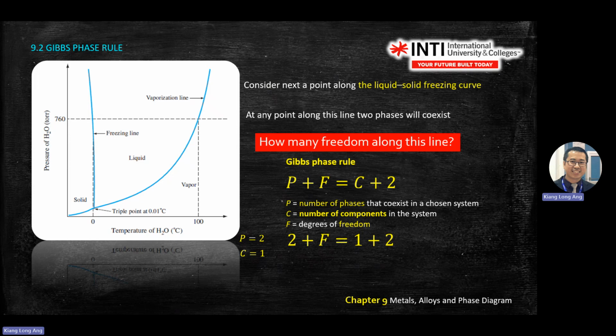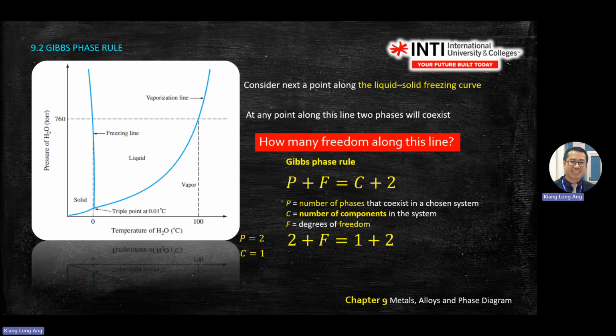At the line here, you have 1 freedom, meaning you can play with either pressure or temperature. Now, for example, if you walk along this line and you want to change to solid, how? Either you change the temperature or the pressure. In this line, the temperature is almost constant, so you change the pressure.